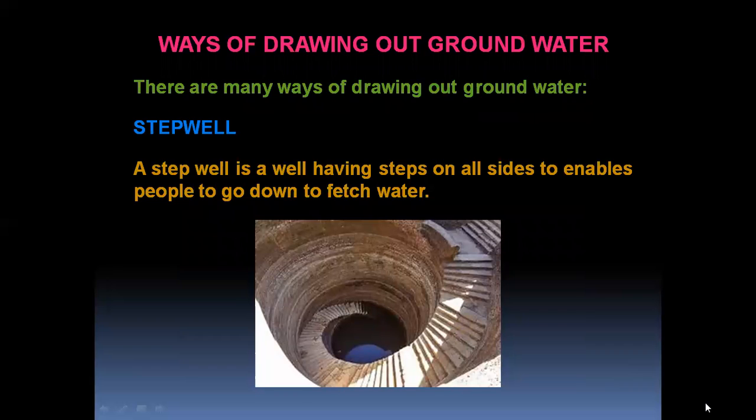The first one is the step well. In the picture, you can see the well has a number of steps. People go down these steps and fetch water, and again they climb up and come outside.